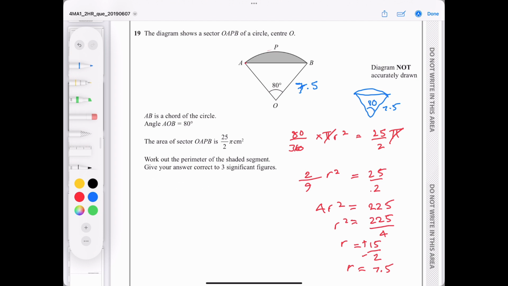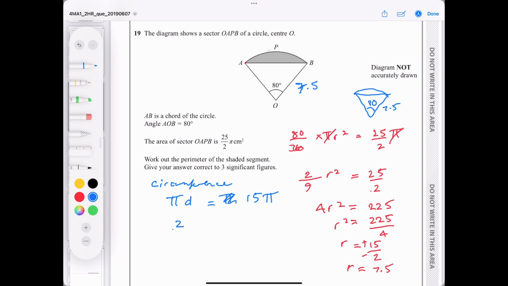So let's find the circumference, which would be pi d, which in this case equals pi times 15, or 15 pi. And that would be times by 2 over 9, which is what the 80 is.